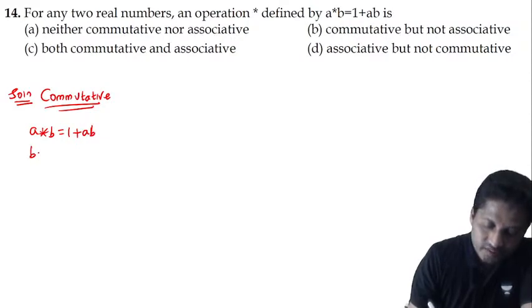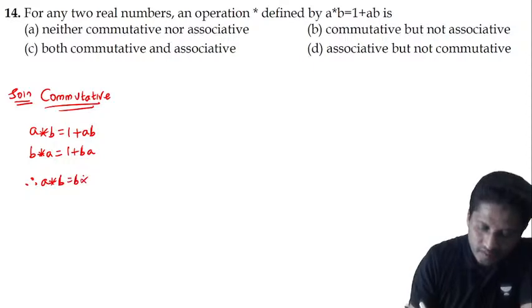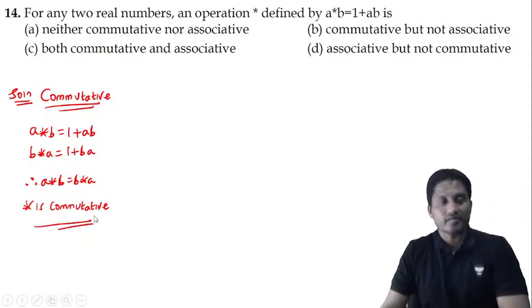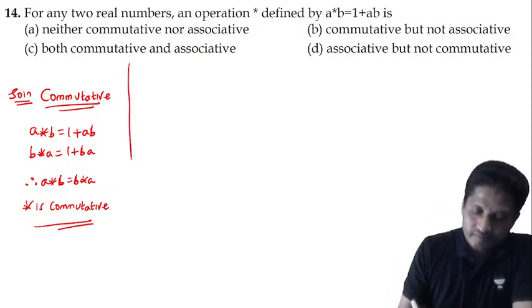If I take B star A, B star A is equal to 1 plus BA. Therefore, A star B is equal to B star A. Star is commutative.